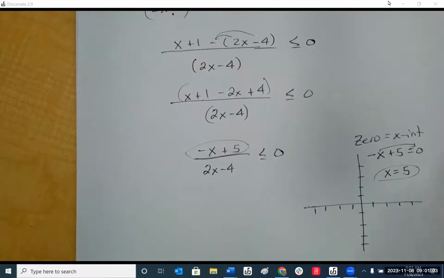So my critical values are at 2 and 5. But that 2 is a vertical asymptote. Do I have a horizontal asymptote?